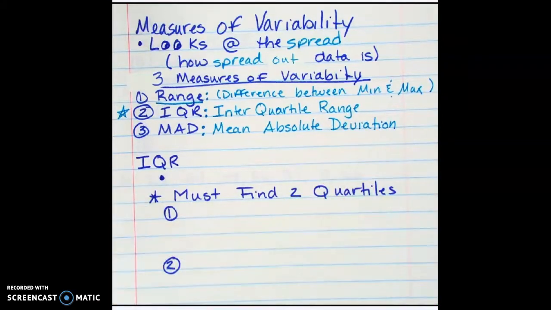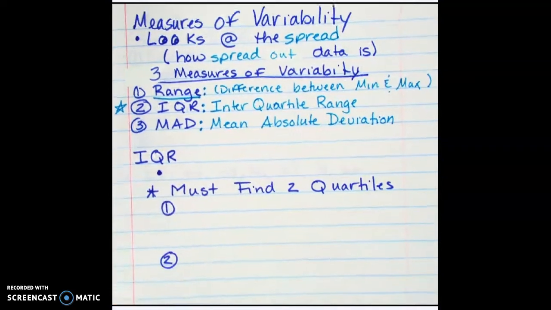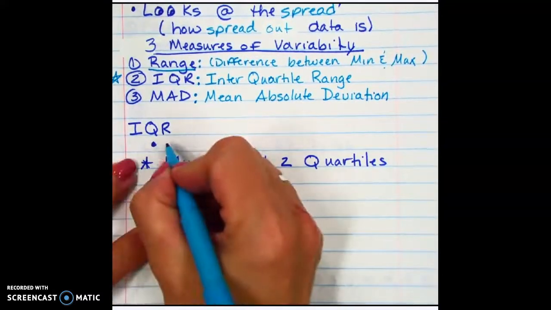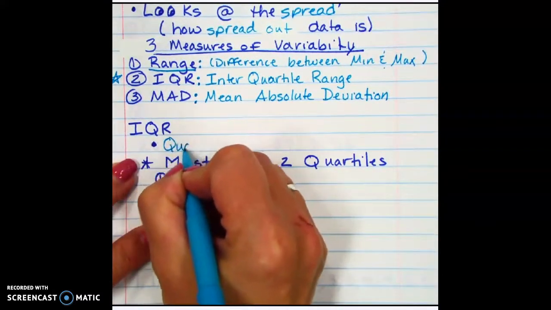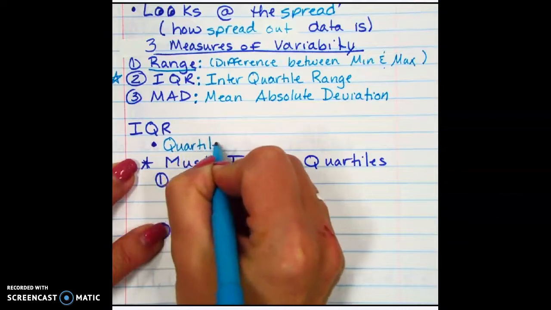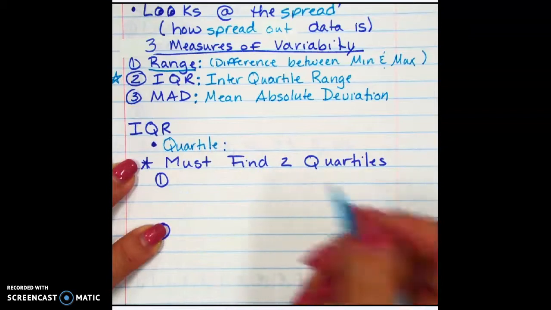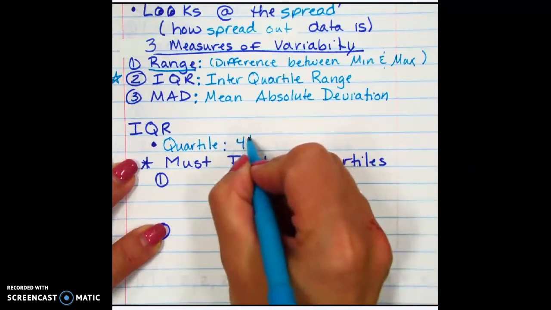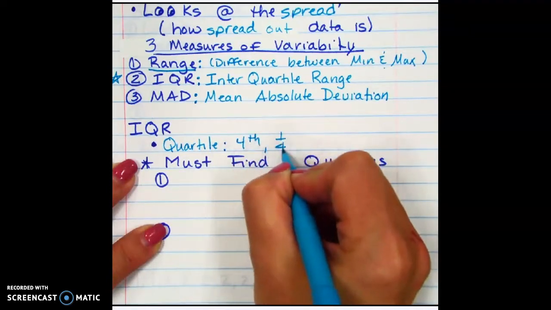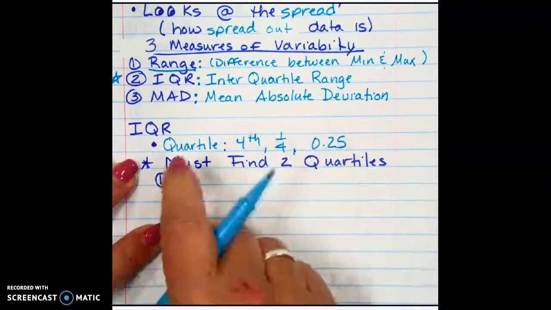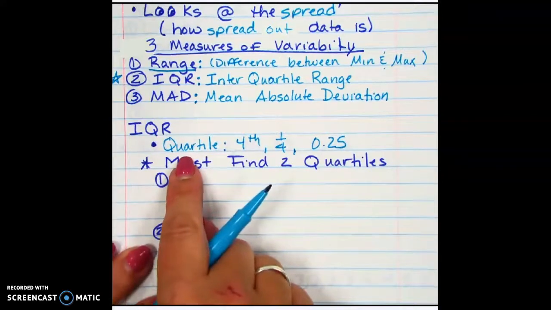Okay, so I want to give you a little bit of background about the IQR. The first thing that we must know is what a quartile is. It's a fourth or part of four. So you can look at it as a fourth, or a fourth. That all means that it is one of four.